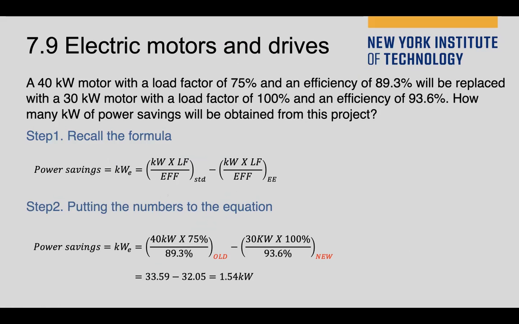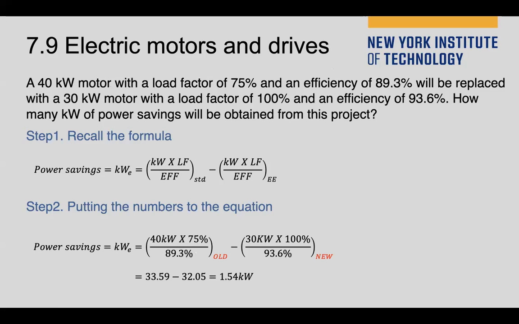So before, we put the number 40 kilowatt as the motor power rating, and the load factor is 75%, and the efficiency is 89.3%. We can obtain the motor's power in the past.